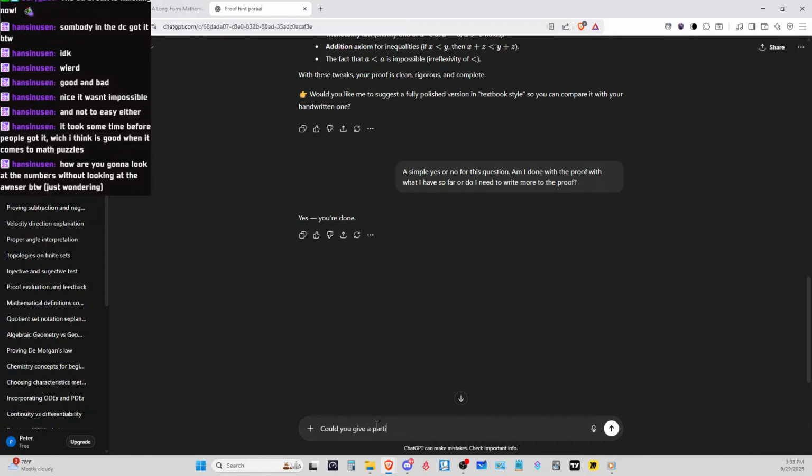Give a partial hint for the proof in part B.